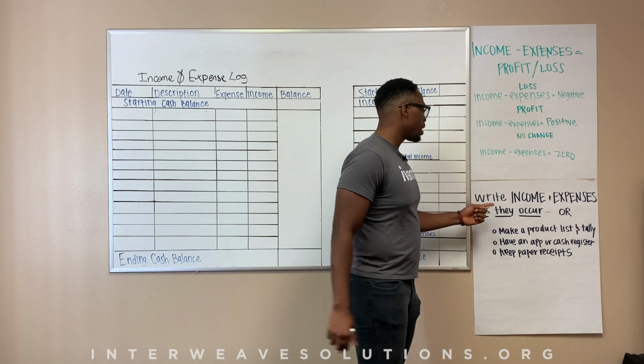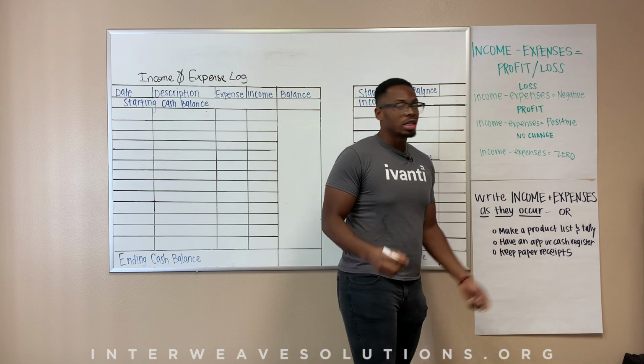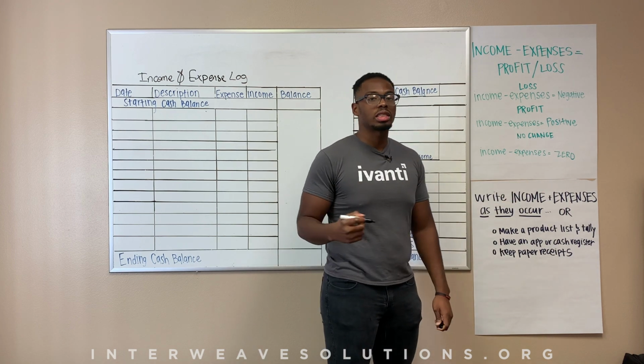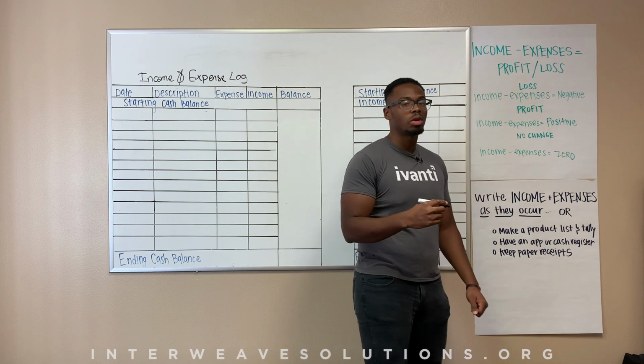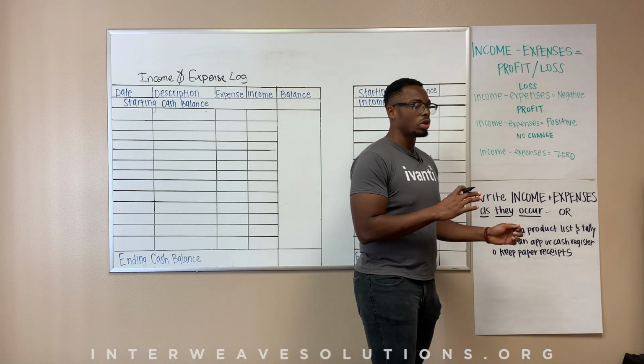We either want to make a product list and tally. So basically you just list out your product and you keep a tally, or a mark, of the things that you sell, just so you keep track of what's going out.